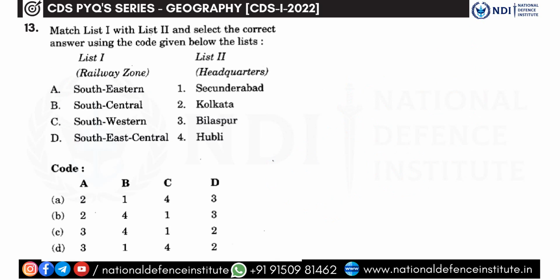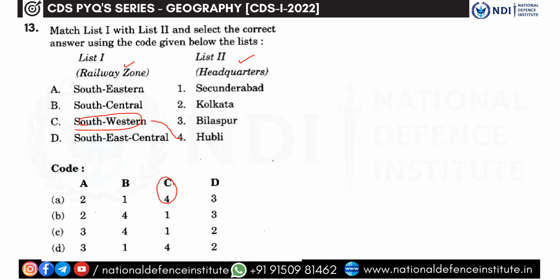Match list 1 and list 2. This one seems to be repeated in some of the other question papers also. They are asking the railway zone and the headquarters. Here also it is simple. Southwestern Railway is the one which matches with Hubli. So the option is where you have C matched with 4.